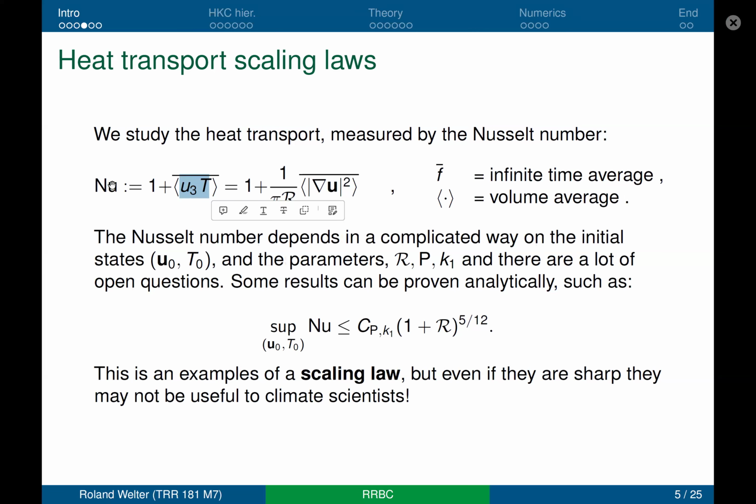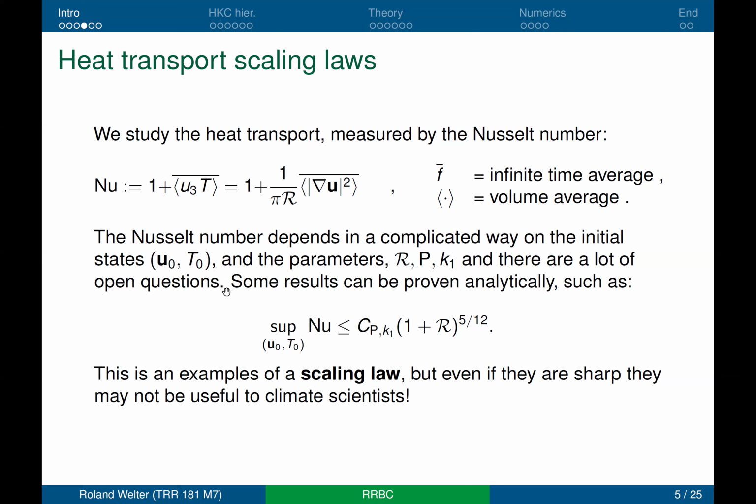This Nusselt number depends on what flow you're looking at, as in what solution of the PDE as determined by the initial conditions, as well as the parameters: Rayleigh number, Prandtl number, and so on.